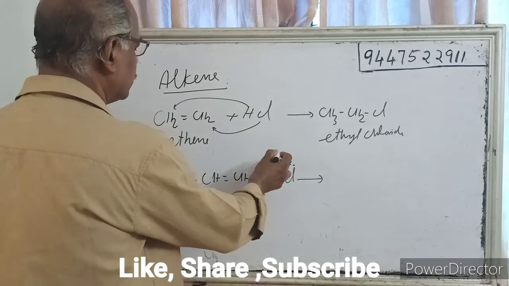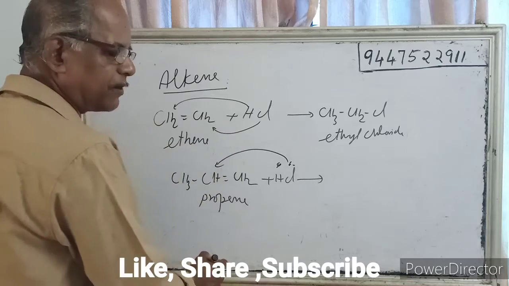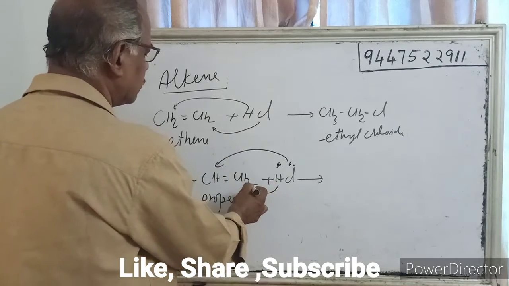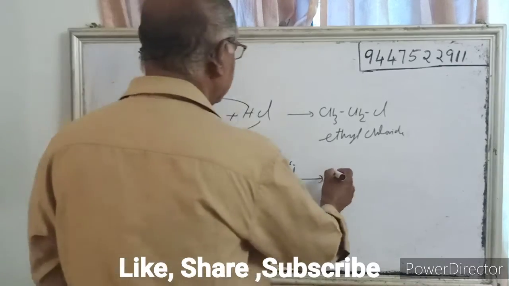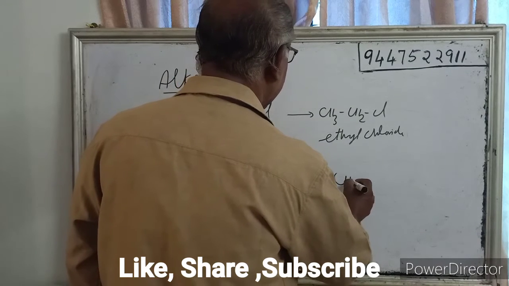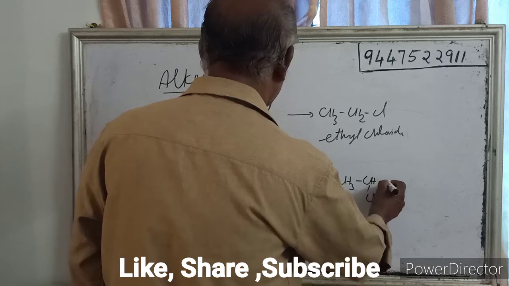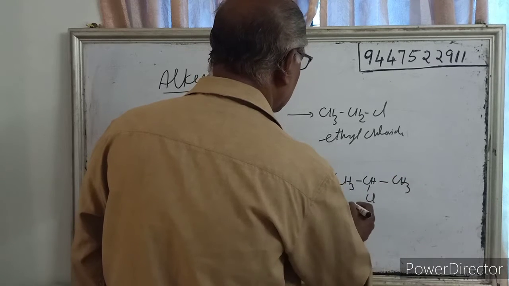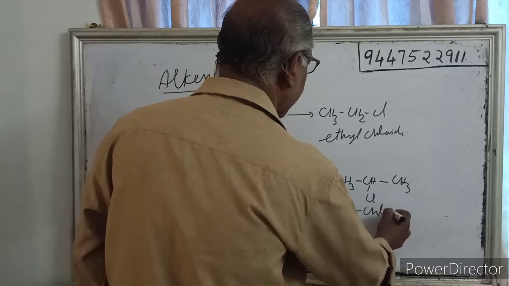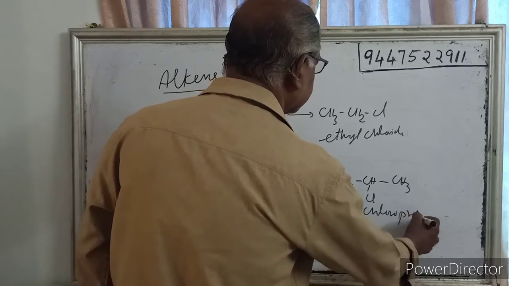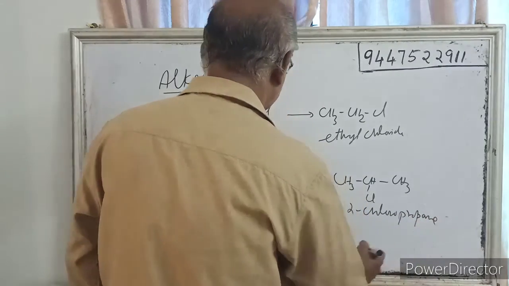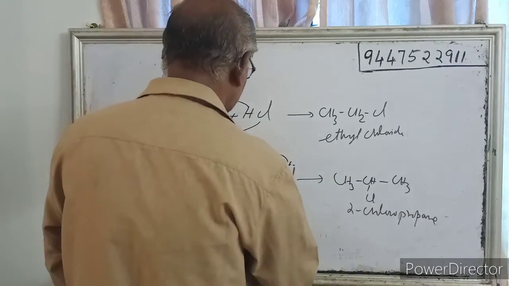The negative part will go to the carbon containing the lesser number of hydrogen atoms and the hydrogen will go to the other carbon atom. So this gives CH3CHClCH3, 2-chloropropane. So we have to apply Markovnikov's rule here.